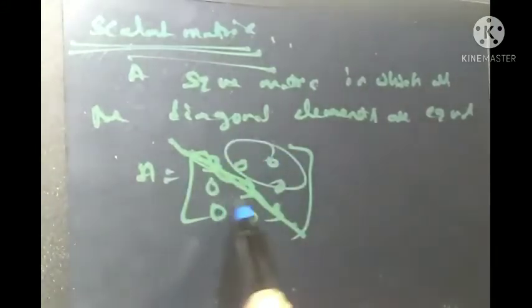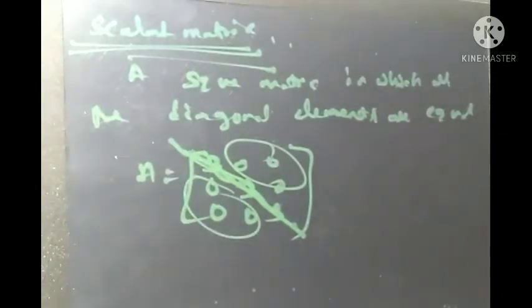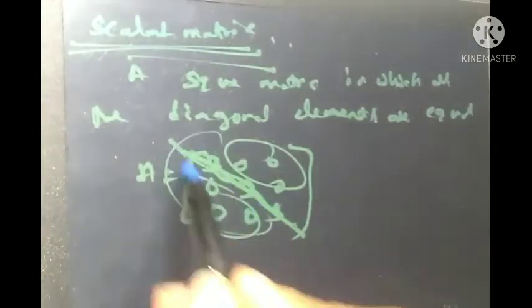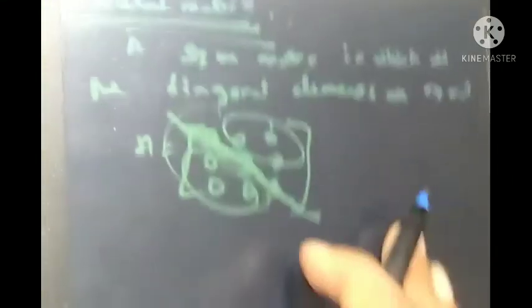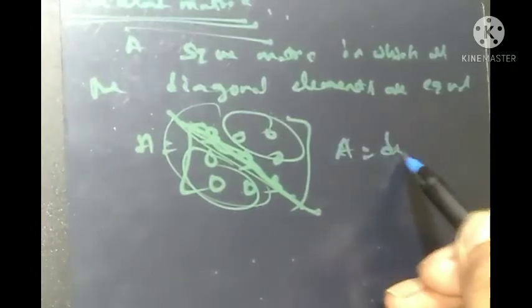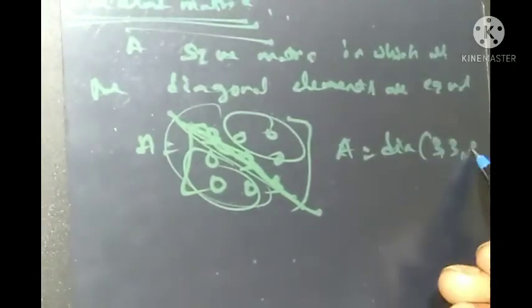Another definition of a scalar matrix: it is a diagonal matrix in which all the diagonal elements are equal. That means A is equal to diagonal of 3, 3, 3.